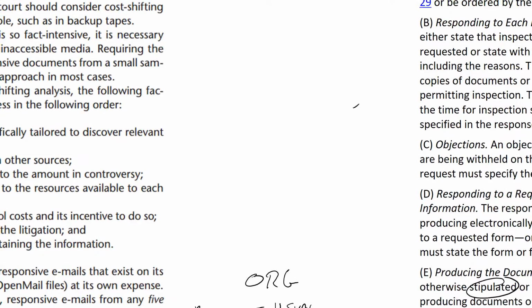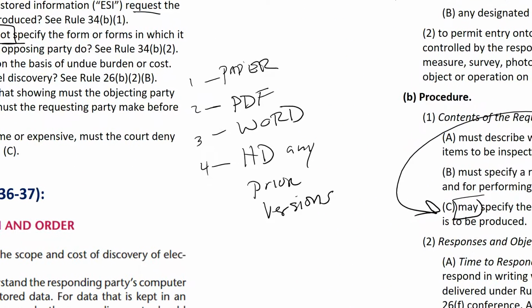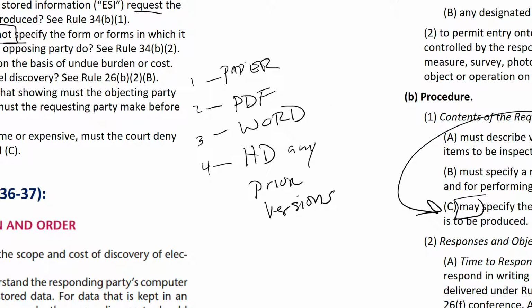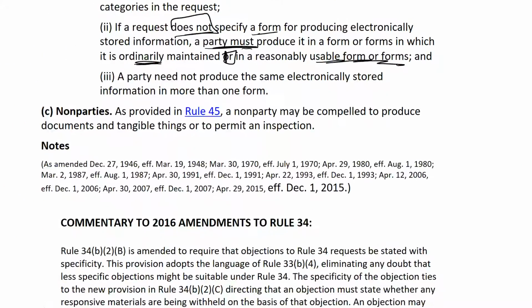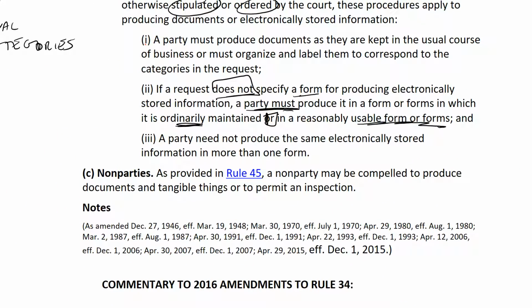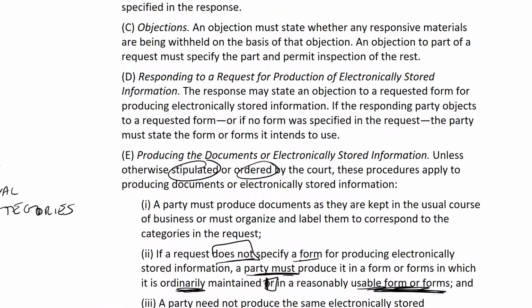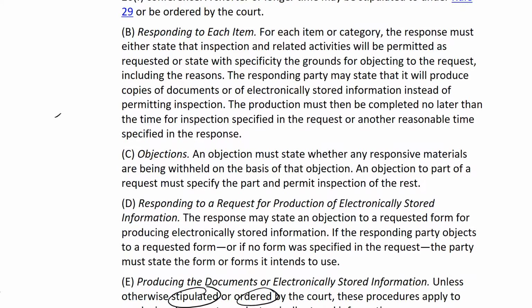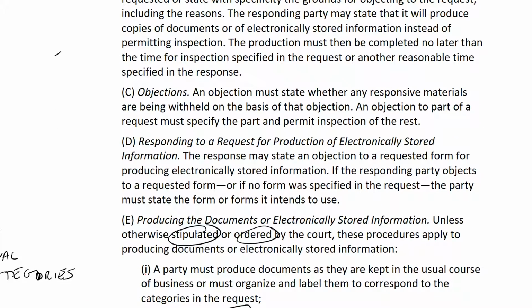So if the requesting party doesn't say whether they want 1, 2, 3, or 4, then the responding party gets to pick, so long as that's how it's ordinarily kept or in some reasonably usable form, right? Well, what if, give me a second here.